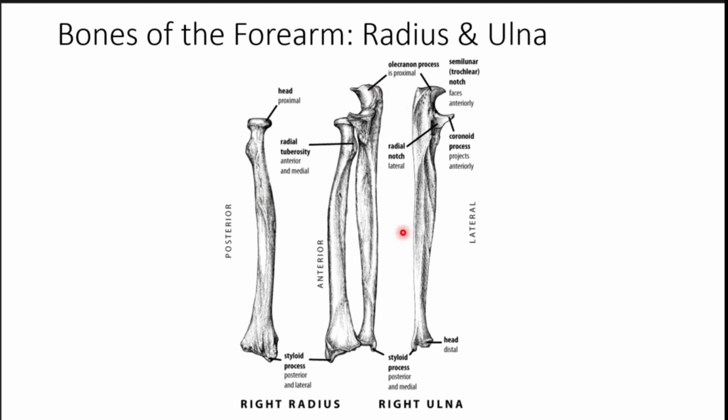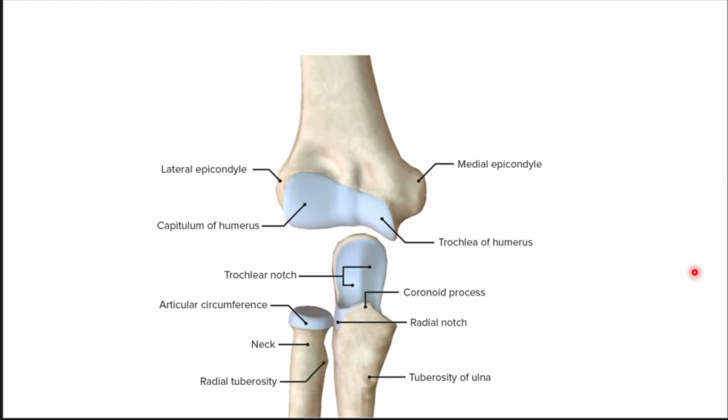These components are going to be directly interacting with components that are in the arm. This is just another view of the articular surfaces of the bones in the arm and the forearm and how they would be aligning before they completely come together.